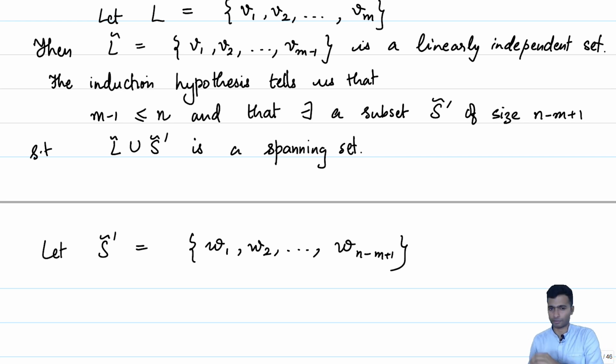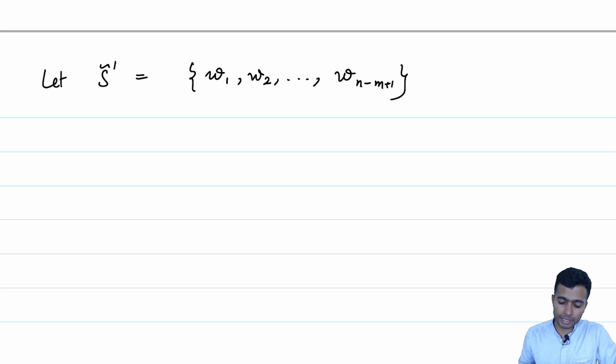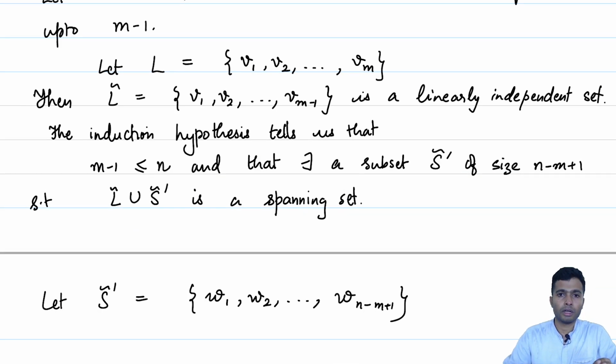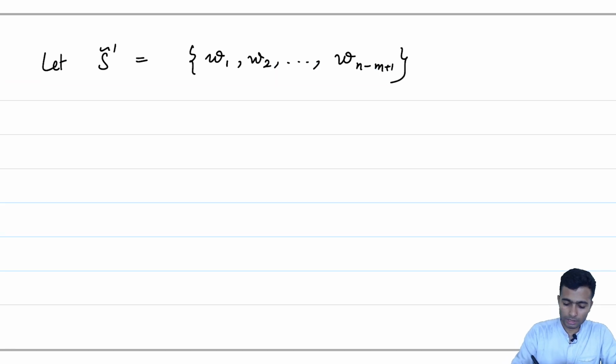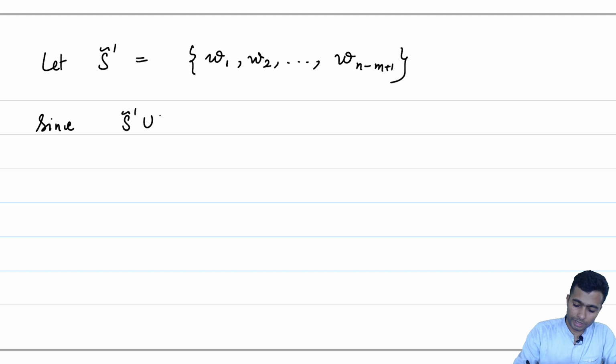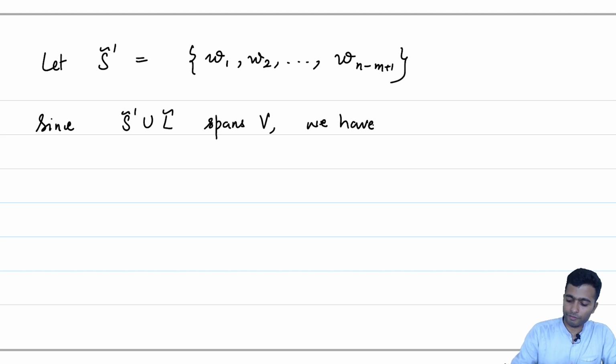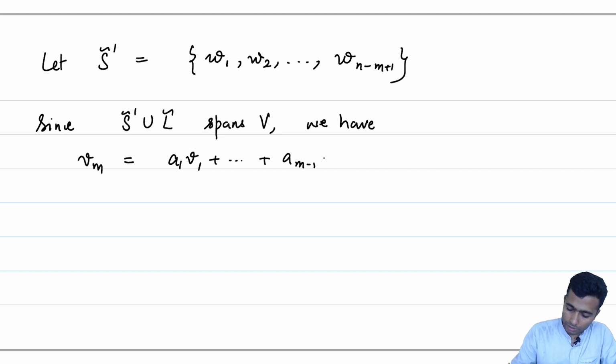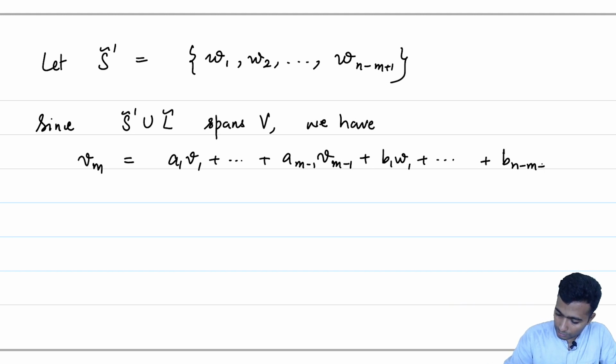Now, we know that S tilde prime union L tilde is a spanning set of V. So, in particular, since S tilde prime union L tilde spans V, Vm is an element of the span of this, and therefore, Vm can be written as A1 V1 plus dot dot dot plus Am minus 1 Vm minus 1 plus B1 W1 plus dot dot dot plus B n minus m plus 1 W n minus m plus 1.